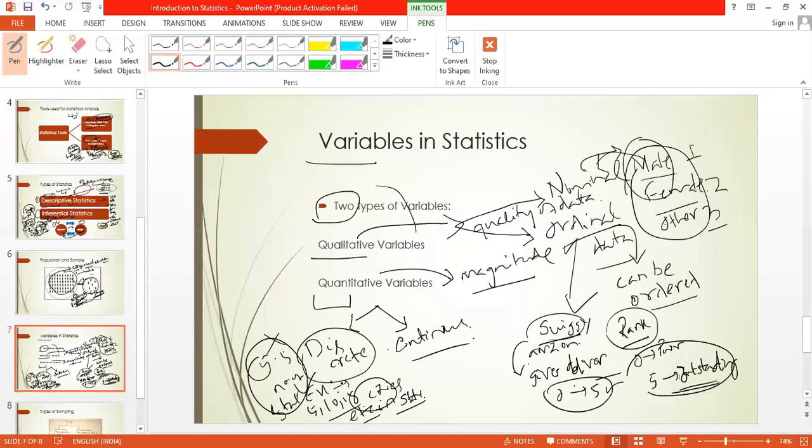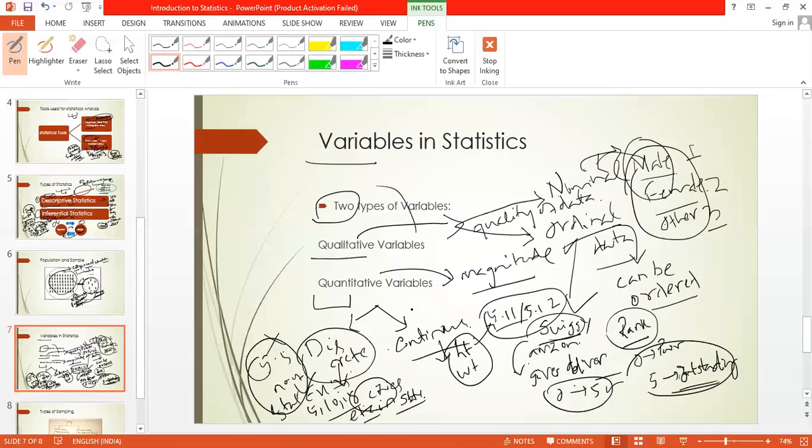So this type of data is known as discrete data. And for continuous data, let's say I want to measure the height or weight of a person. So height could be like 5.11 or 5.10 or 5.12. So these are continuous data. I hope you are able to understand the difference between qualitative and quantitative data and discrete, continuous, nominal, and ordinal data from this slide.